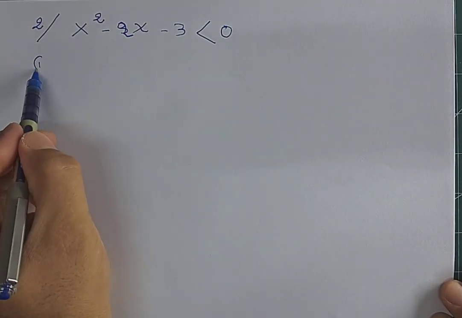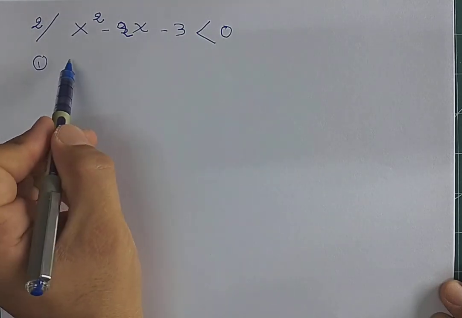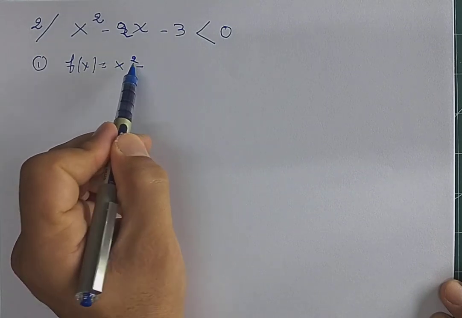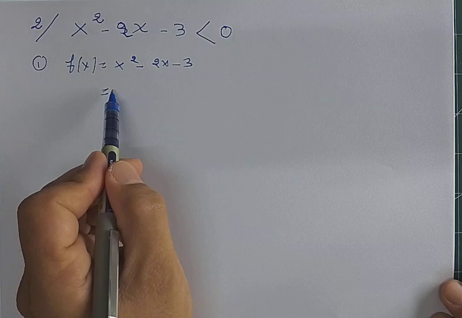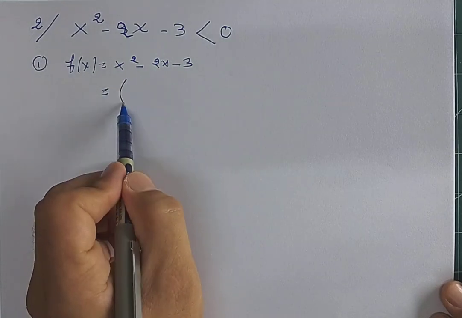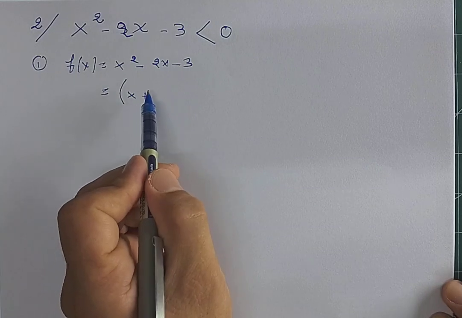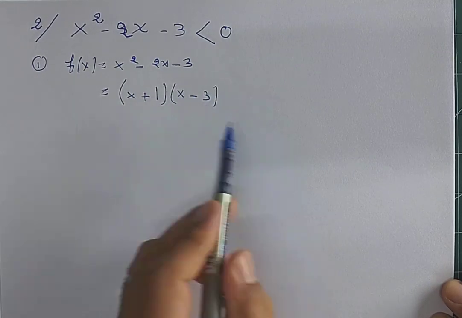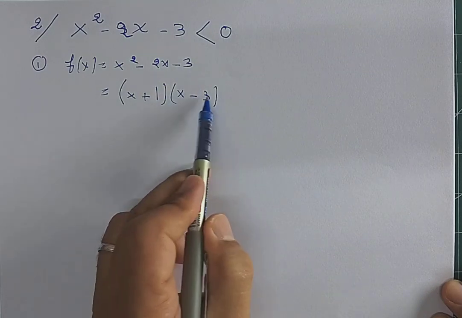So first step, I can factor this f. So we have f(x) equals x squared minus 2x minus 3. When I factor this expression, it will be (x plus 1)(x minus 3). When multiplied it is minus 3, and when we add, minus 2.